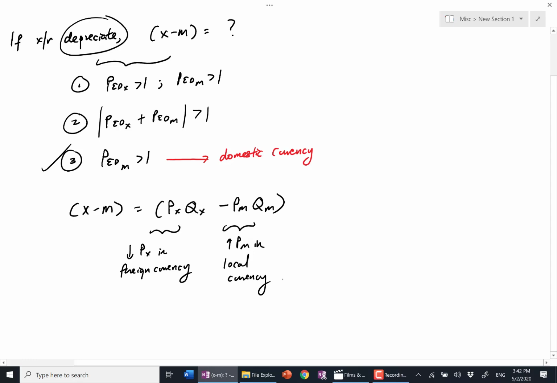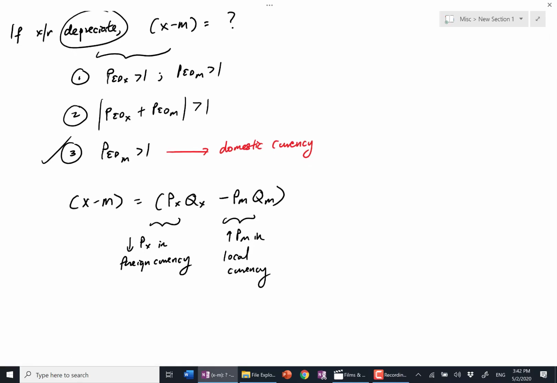If the currency is weaker, it's more expensive to buy everything from other countries. So by the law of demand, you will see this going up, this going down. And when they move in opposite directions, we are stuck. We don't know what happens to the final outcome, which is why we need elasticities.